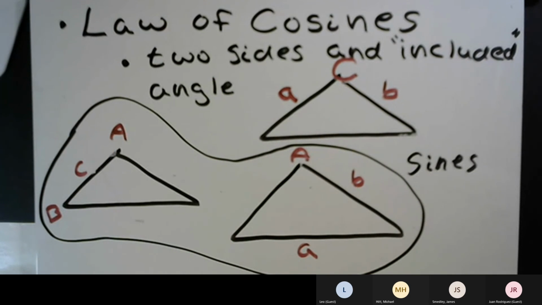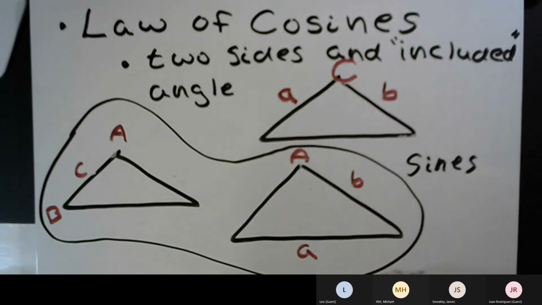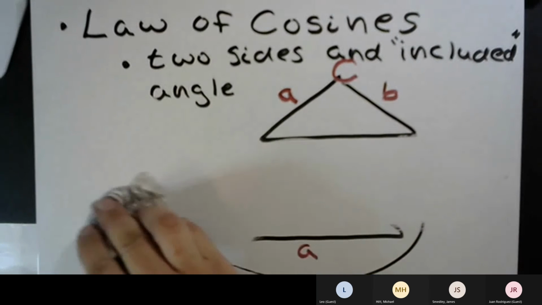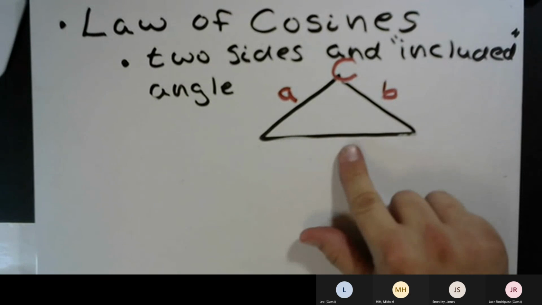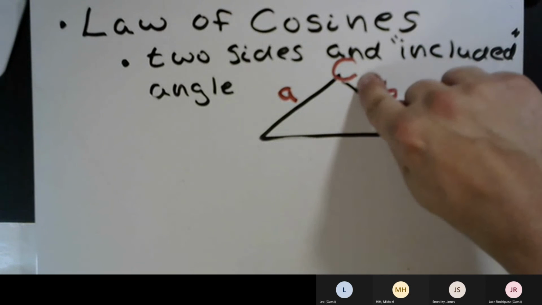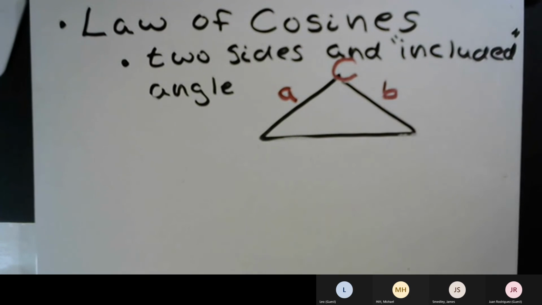And now we're going to be looking at law of cosines. So law of sines are these 2 situations. And this could move around. This one could be here, and this one could be here. But now we're talking about something else. We have this situation, we have 2 sides, and the angle needs to be between them. That means included.